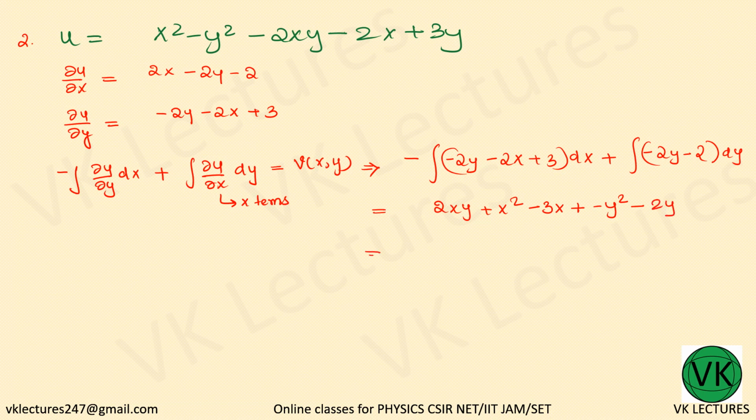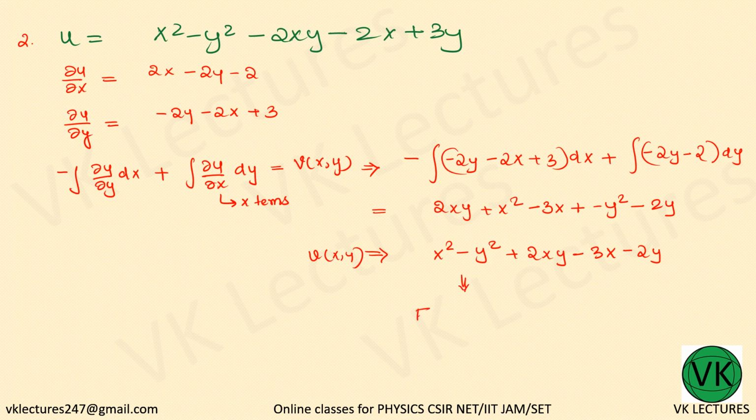So that gives us x squared minus y squared, plus 2xy, then minus 3x minus 2y. So this is v of x comma y.